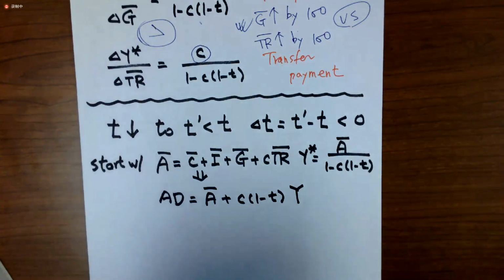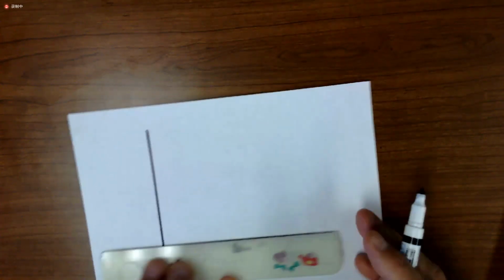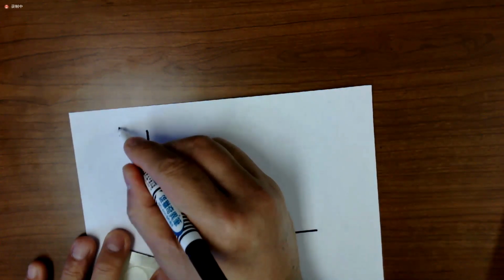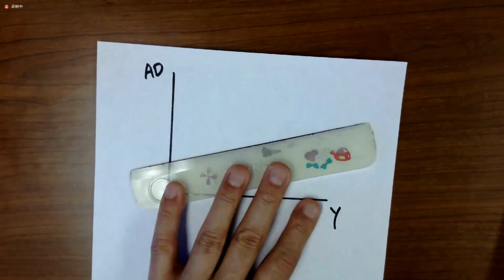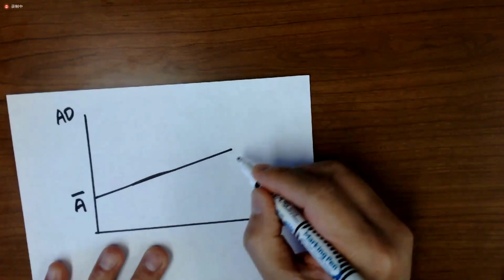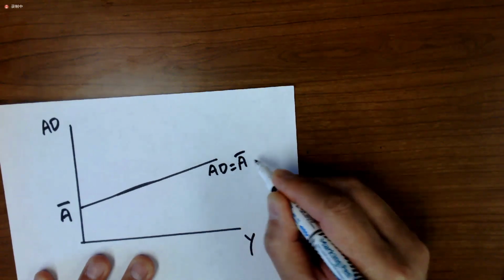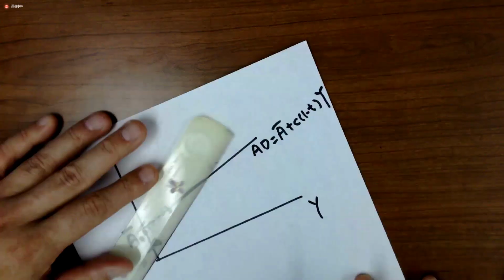So now I need to use another page to draw the diagram, to make sure that we are all on the same page. I have aggregate demand, I have Y, and I have the first equation. Let's start with A bar, and then AD is equal to A bar plus C, 1 minus T. That's my equation 1.